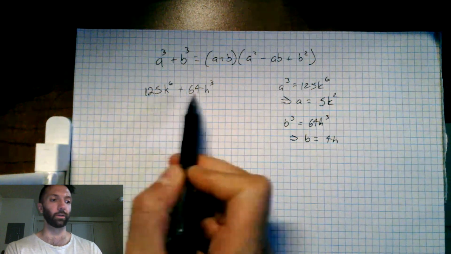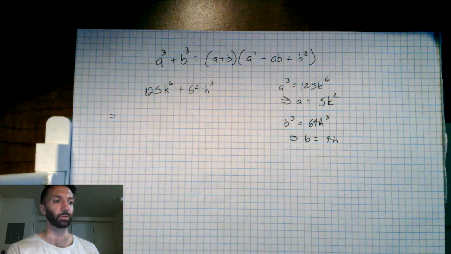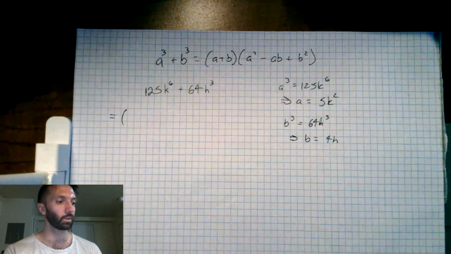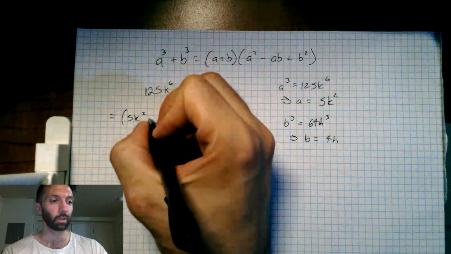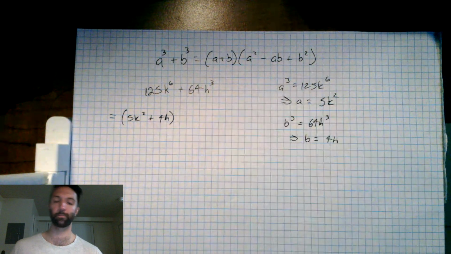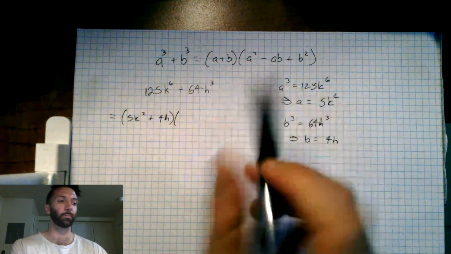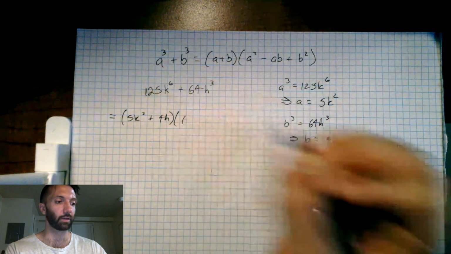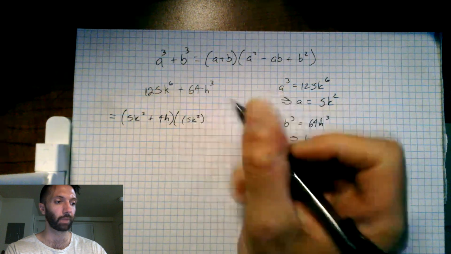Okay, and now we can rewrite this in factored form by just making our substitutions. We're going to start with the binomial a plus b. So a is 5k squared plus b, which is 4h. Now we're going to multiply that by the trinomial a squared. I'm just going to plug stuff in for now. So we have a is 5k squared, and we're going to square that.